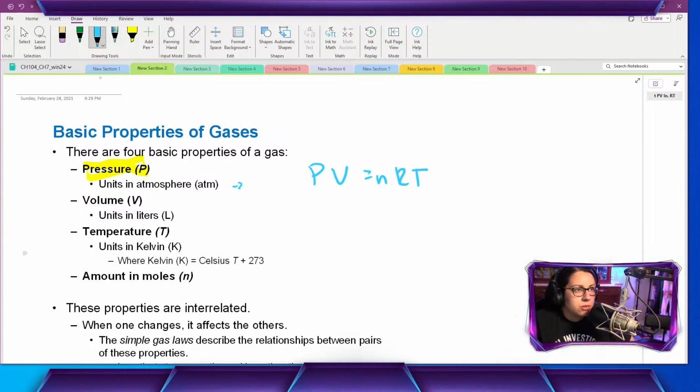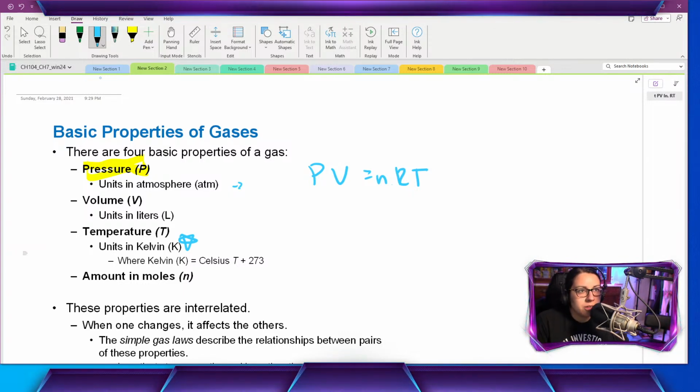Our typical units for this formula would be atm for pressure. Our volume would be in liters for this formula. Temperature, now this is important because temperature always needs to be in Kelvin, even with our simple gas law formulas. And again, I'll point that out. And then our amount in moles.